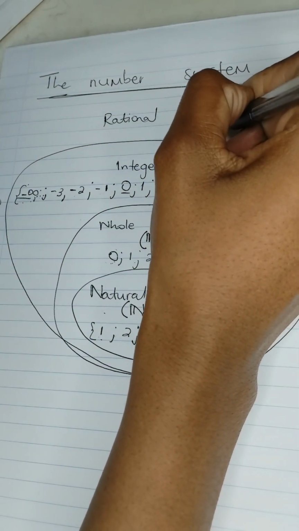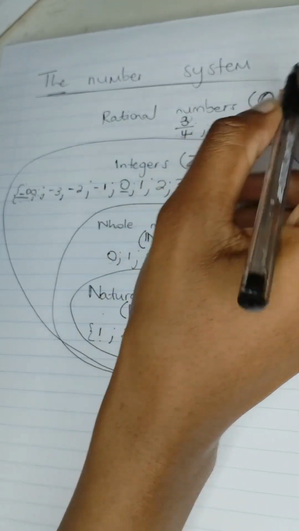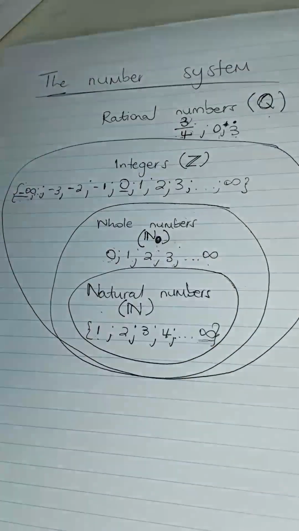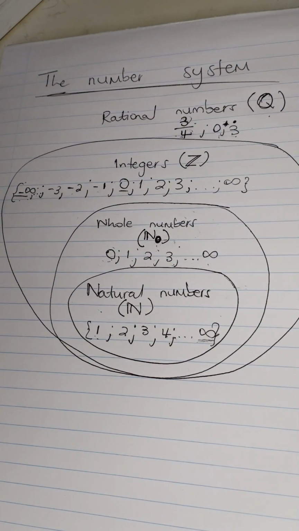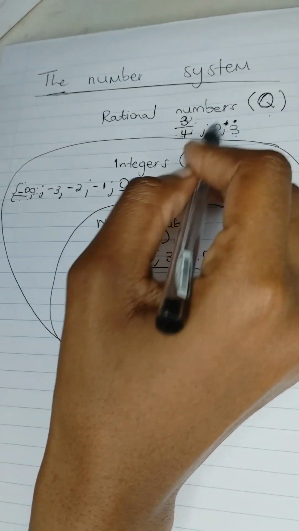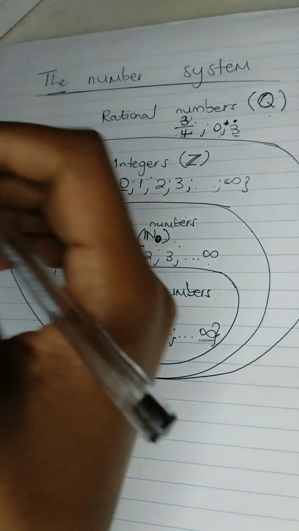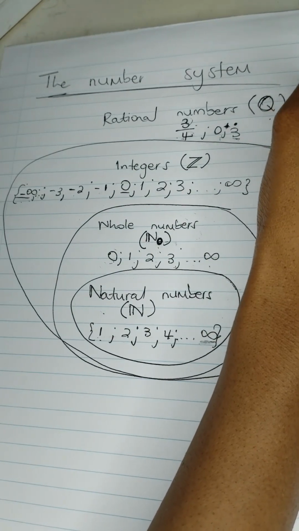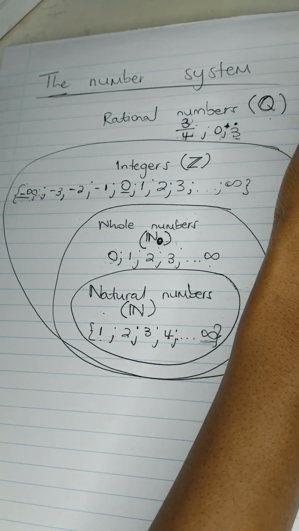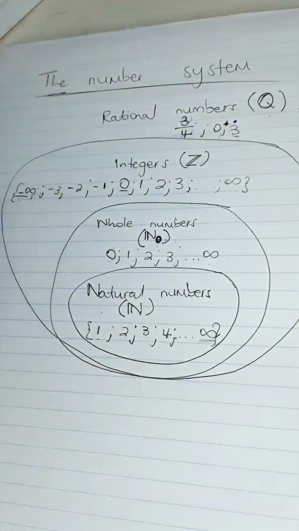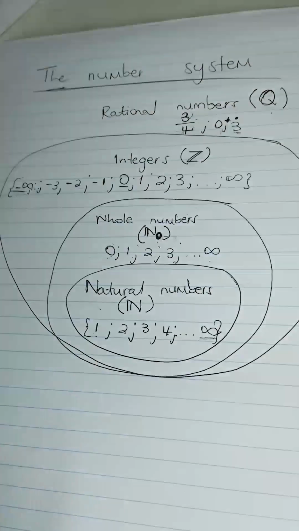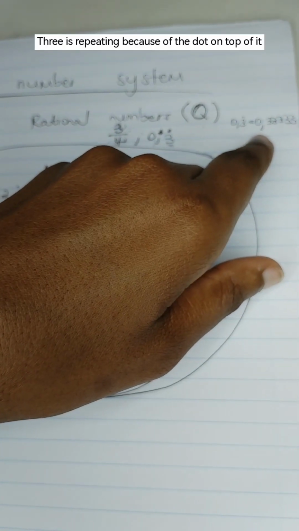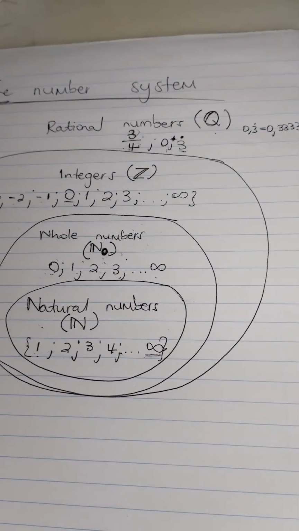Take 0.3 with a dot on top of the 3. The dot shows that the 3 is recurring. It's the same as 0.3333 going on. That's what it means.